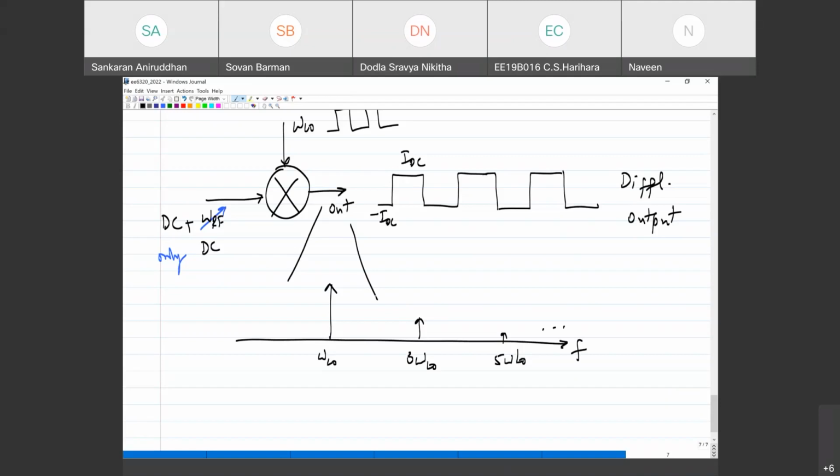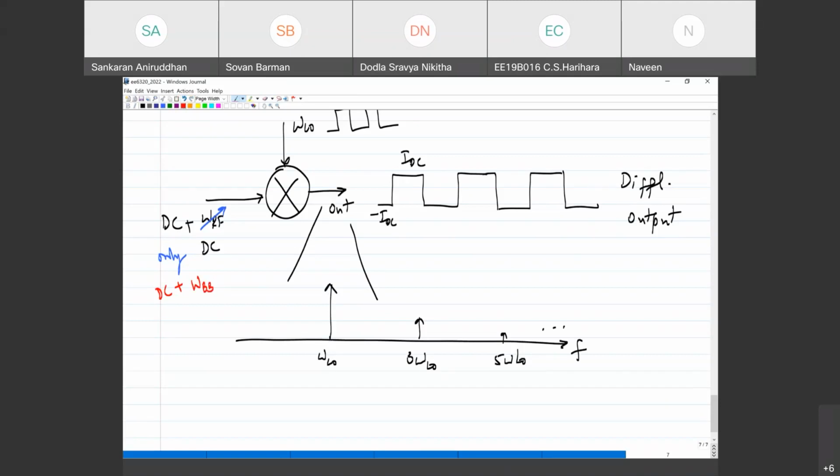Now, if I give a very, very small baseband signal, I'll give DC. So what I'm going to do, I'm going to give a small baseband frequency.